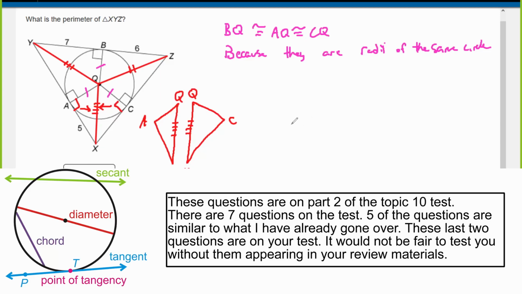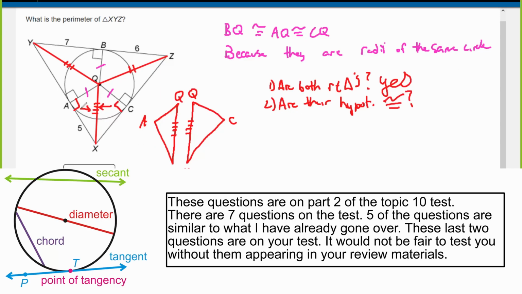And we're going to ask ourselves the 3 questions for hypotenuse-leg congruency. Are both right triangles? Yes. We know that right here and right here. Are their hypotenuses congruent? Well, this corner points at the hypotenuse, this corner points at the hypotenuse. By the reflexive property supported in this diagram right here, they are in fact congruent.